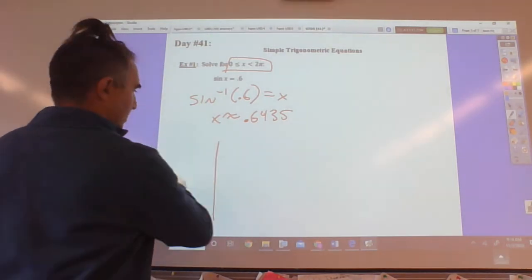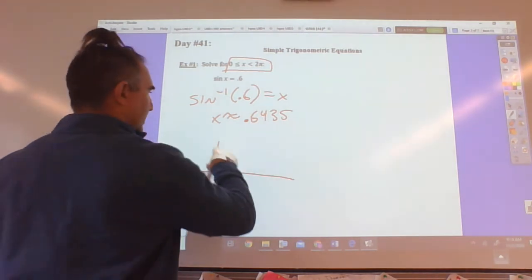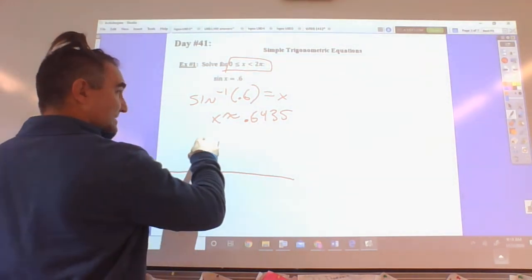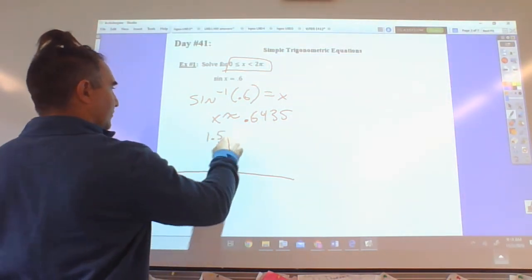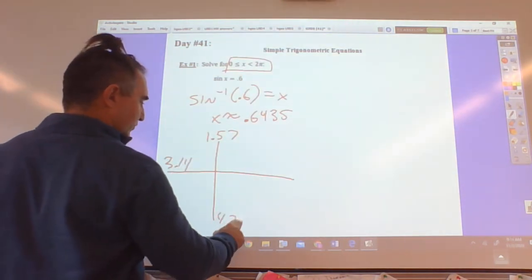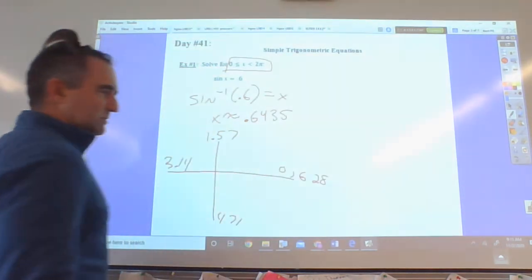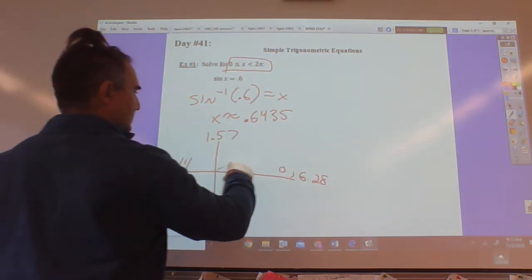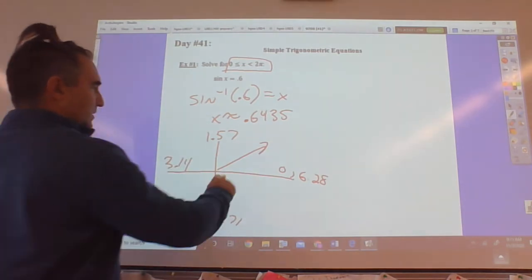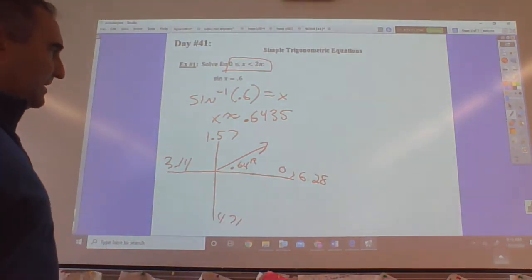Well, let's take a look. We have 0.6435. That's going to be less than 1.57, if we go for the decimal versions of our radians, so that's going to be a first quadrant angle. So 0.64 radians. Where else is sine positive?